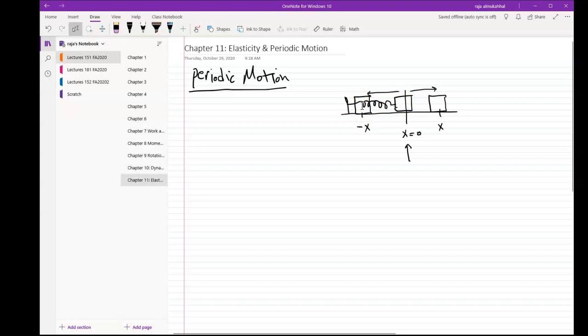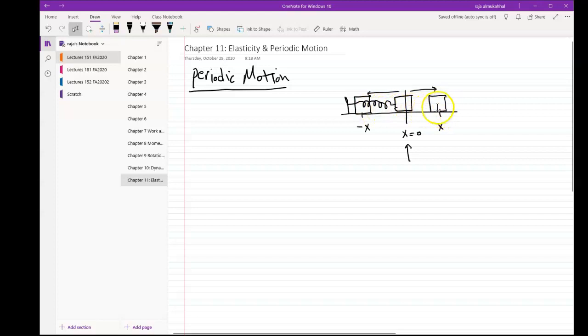Of course in this case it has already compressed the spring, so it will rebound and go back to the equilibrium, but again it has picked up kinetic energy, so it will overshoot to the value of x and so on.